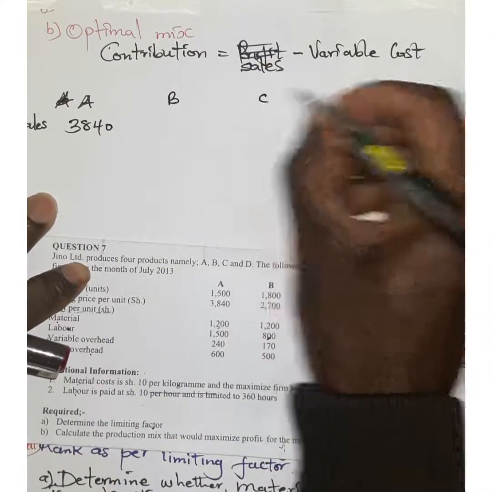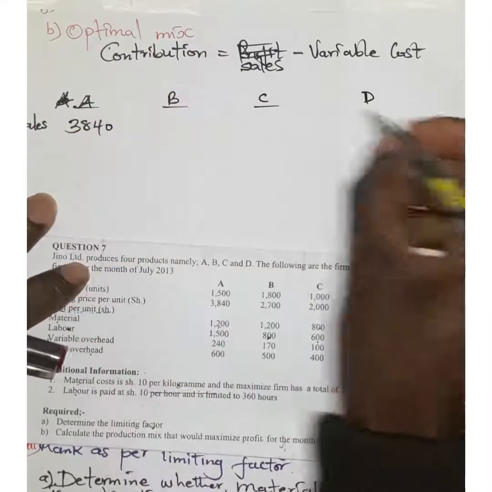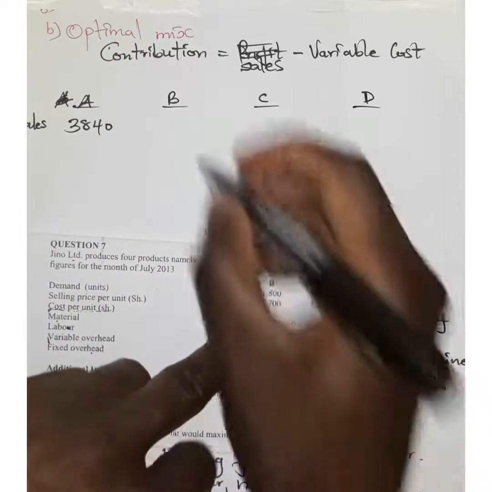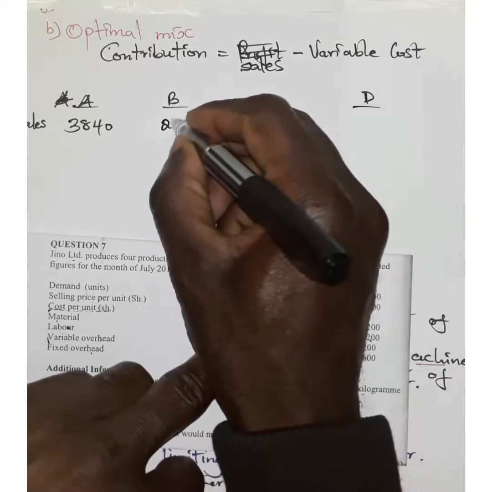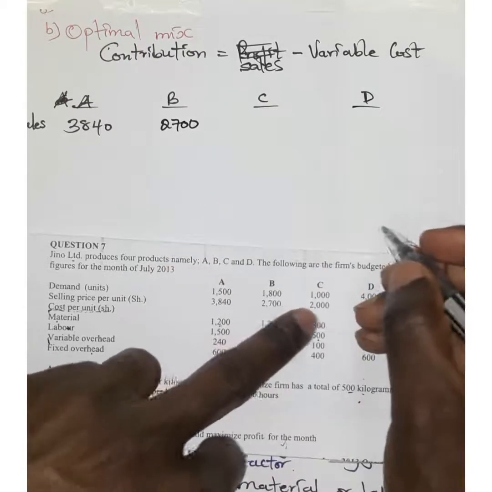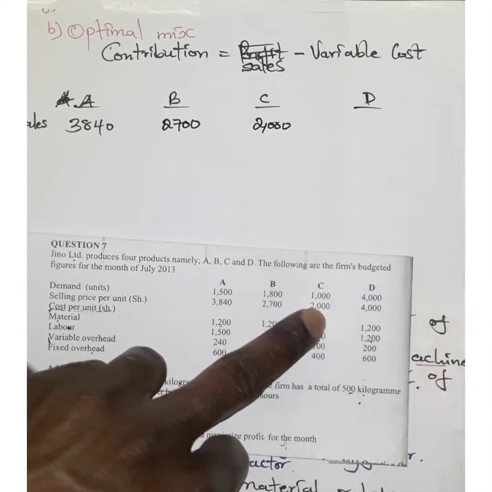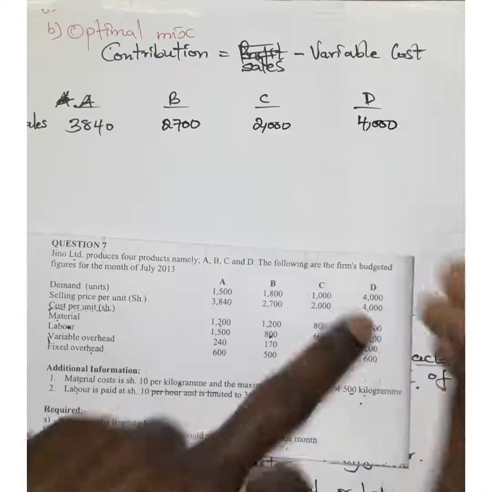B, C, and D. So for B, its sales are 2700. C, the sales is 2000. Then D, the sales is 4000.